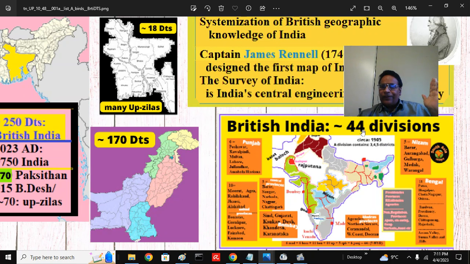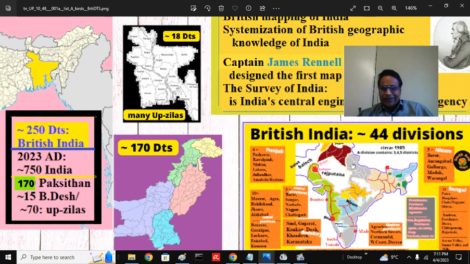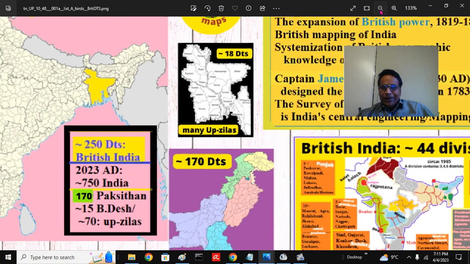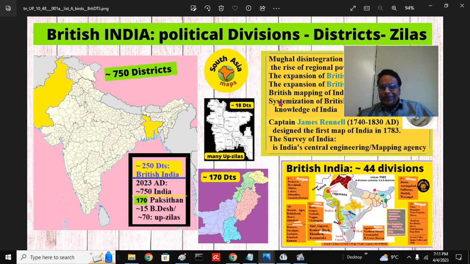If you take 44 divisions with 4 or 5 districts each, you get around 200 districts or so. Modern partitioned India as of 2023 has, east of the Radcliffe Line, 750 districts, west of the Radcliffe Line in Pakistan 170 districts, and in Bangladesh nearly 18 districts. So they come to roundabout 1,000 or so.